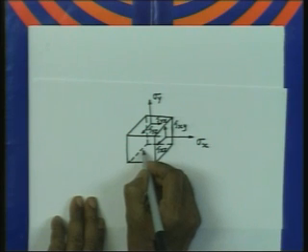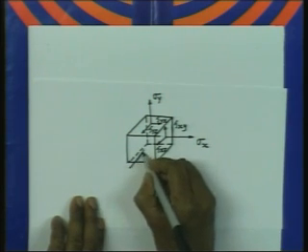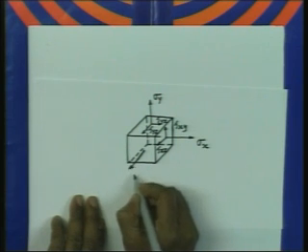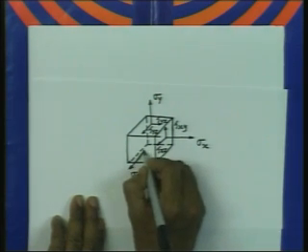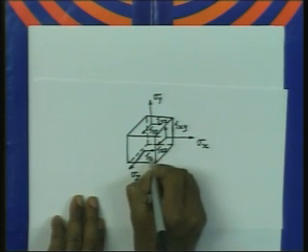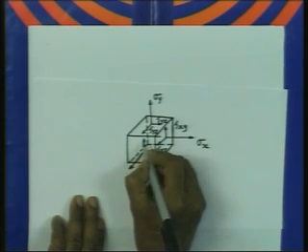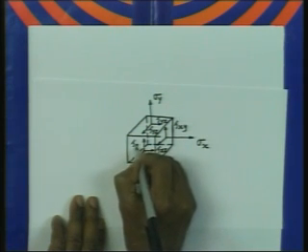And the stress which is acting on this plane again has components like sigma z, and the component in this direction is tau zx, and the component here is tau zy.